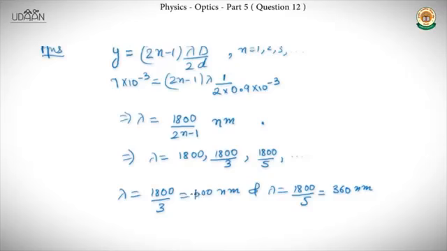So the missing lines are the 600 nanometer and the 360 nanometer.